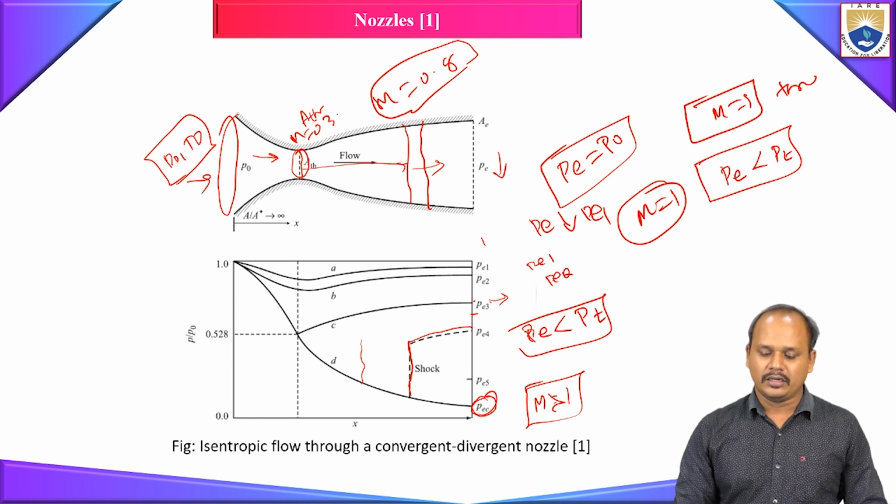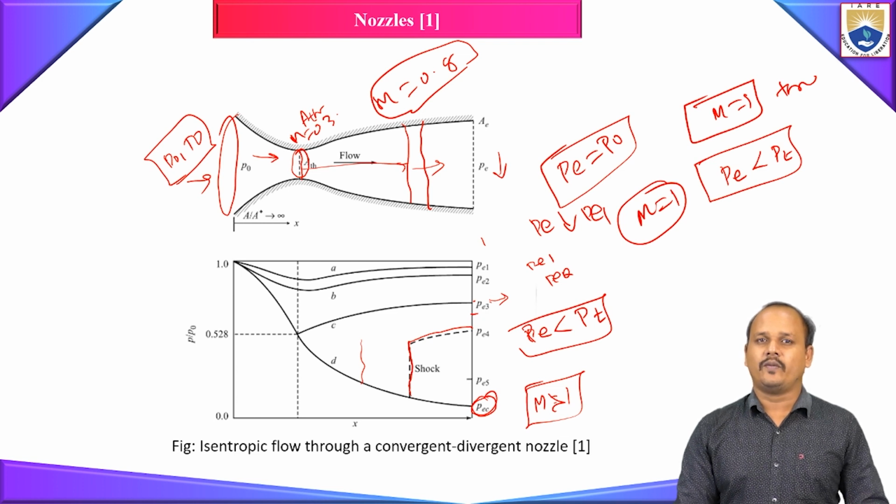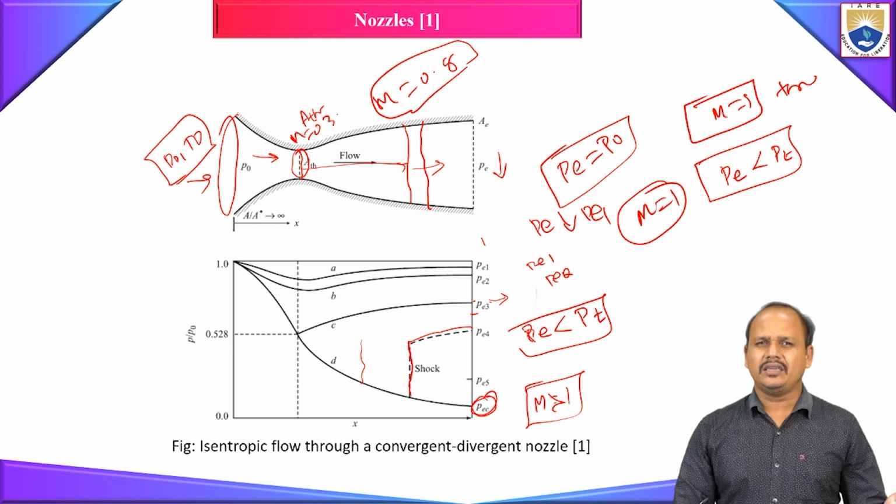So you can't, just by choking the nozzle, produce the supersonic flow. There should be another condition, that is, the exit pressure should be less than your throat pressure. Then only you will have the supersonic flow at the nozzle exit. So in between this range, you will have the normal shock. Once a normal shock forms, once again at the exit of your convergent divergent nozzle you will have the subsonic flow.